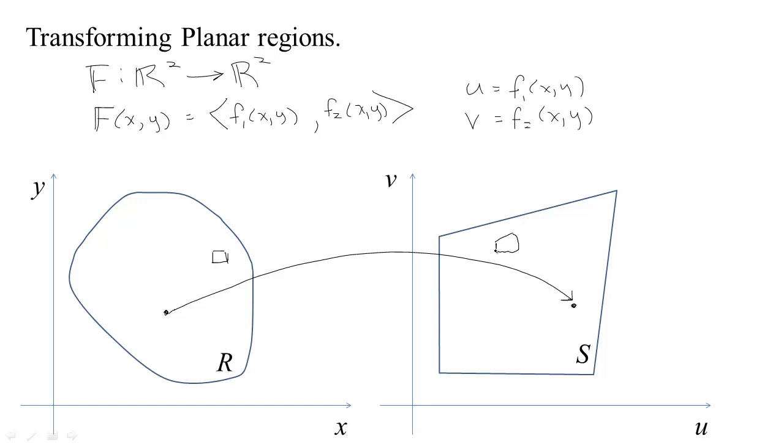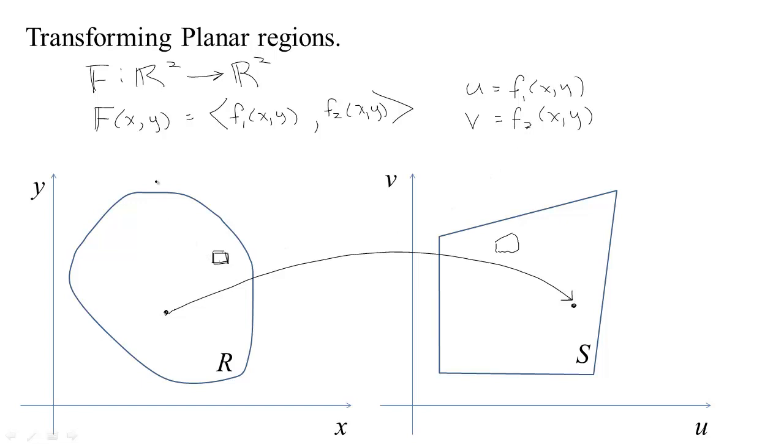So it will probably be transformed into a different region, right? And our question will be, well, how much did an individual box get stretched via this transformation? That's going to be important when we're doing integrals, because we're going to be very interested in tiny boxes and how does a tiny box in one location transform to a tiny region in the other location. In particular, what's the stretching factor that does that?